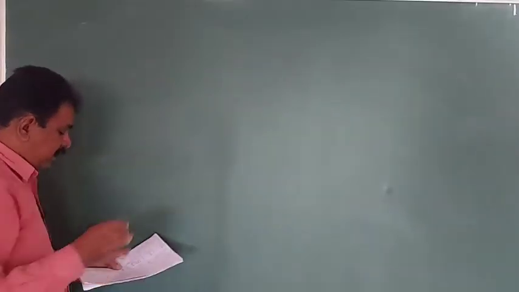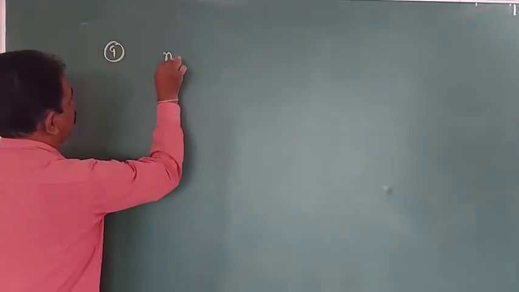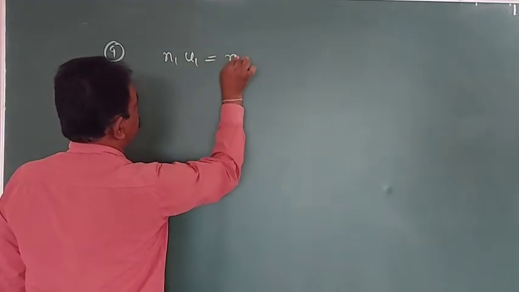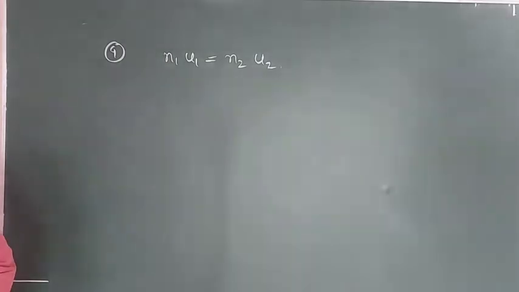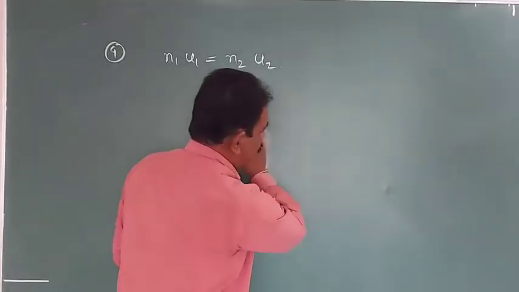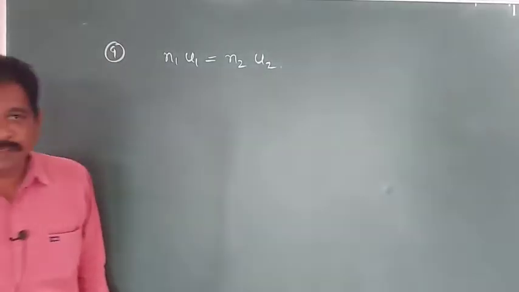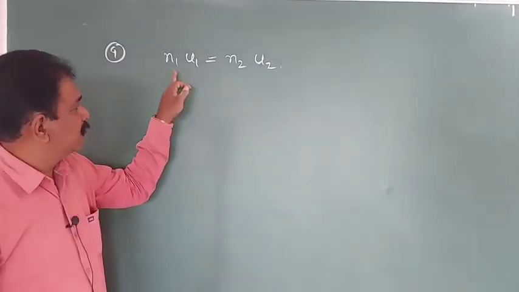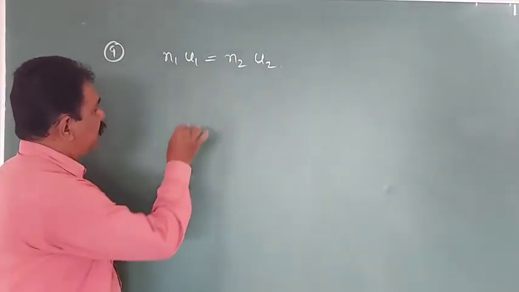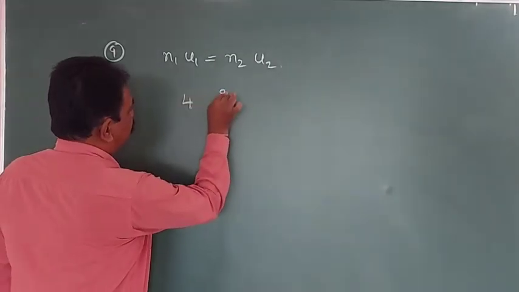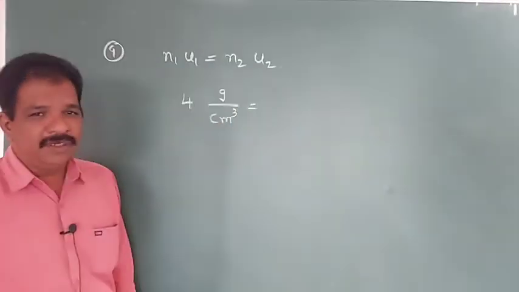For this type of problem, we do like this: N1 U1 is equal to N2 U2. Number and unit are inversely proportional to each other, so their product will remain constant. Here N1 is 4, and the unit is gram per centimeter cube.